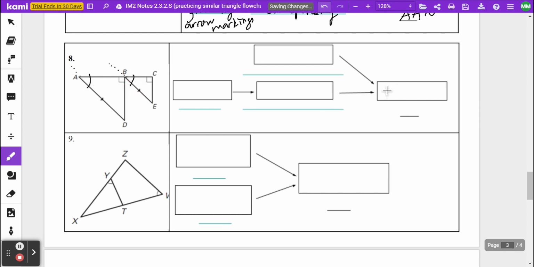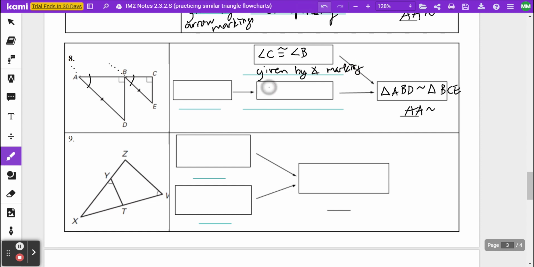This is going to be angle similarity again. Triangle ABD is similar to triangle BCE by angle similarity. I have angle C is congruent to angle B. That's given by angle marking.